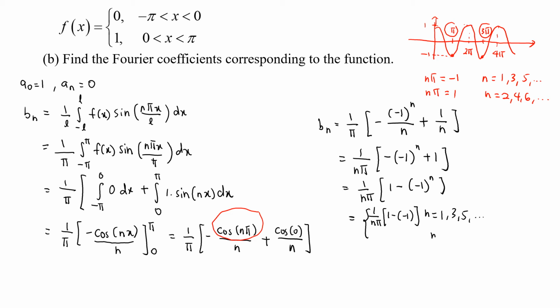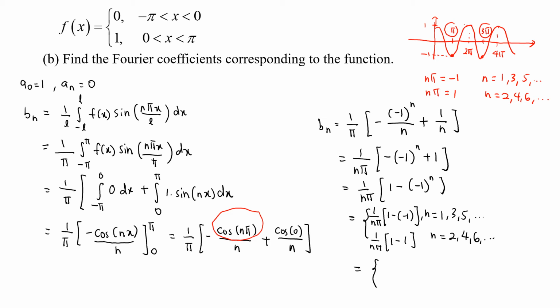And then when n is an even number, it will be 1 minus, so this will always be equal to 1.